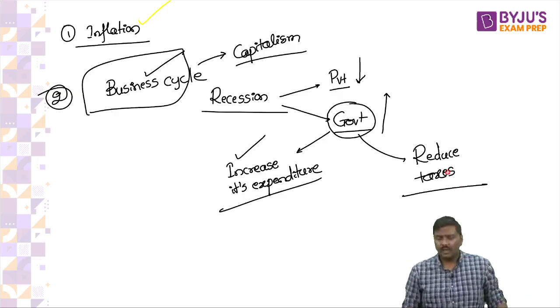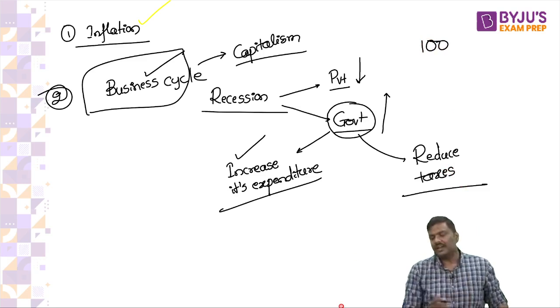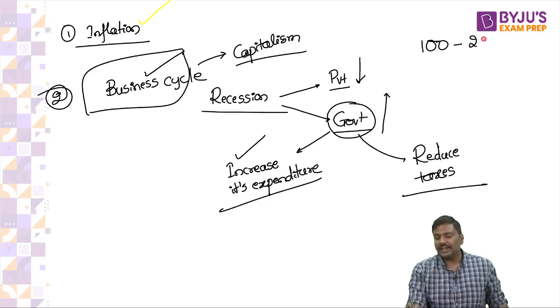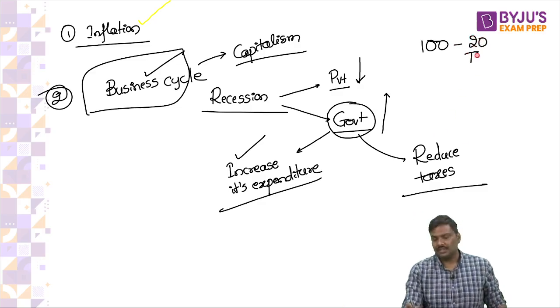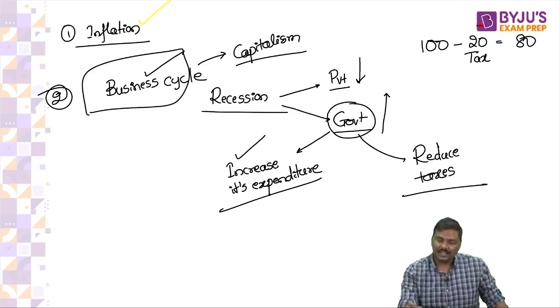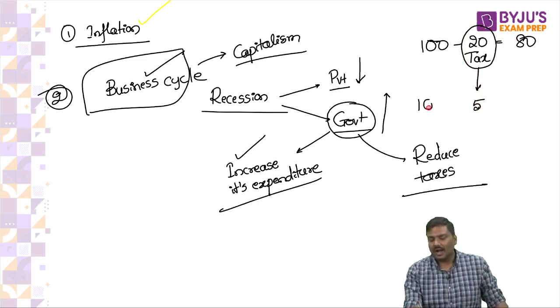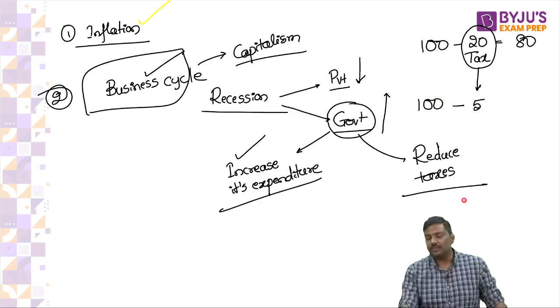Sir, how? Imagine your income is 100. Out of that, government is collecting 20 rupees as taxes. So what is the disposable income? 80 rupees. Now, rather than collecting 20 rupees tax, what if the government reduces it to 5 rupees? 100 rupees minus 5 rupees.